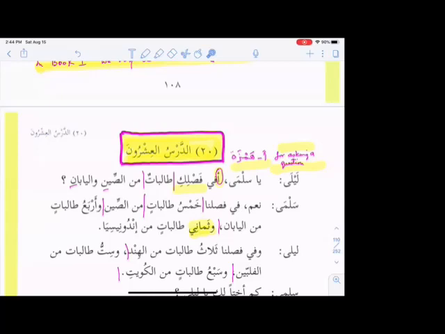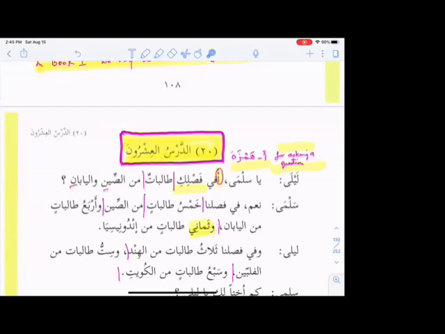Ithnani, 2. Thalatha, 3. Arba'a, khamsa, sitta, sab'a, thamaniya, tis'a, ashara. That means 10. Try to count. If you can catch this song, inshallah, I'll say it a few more times.